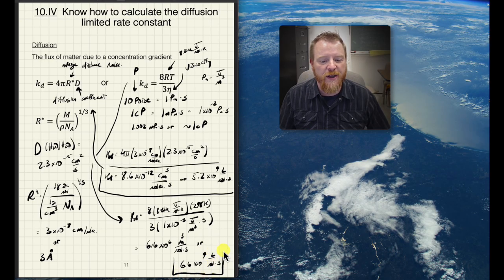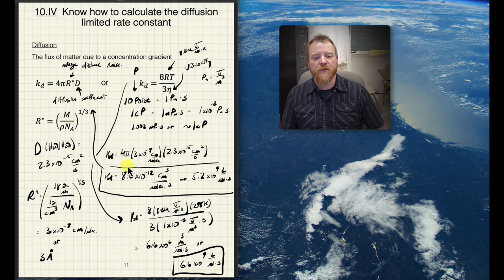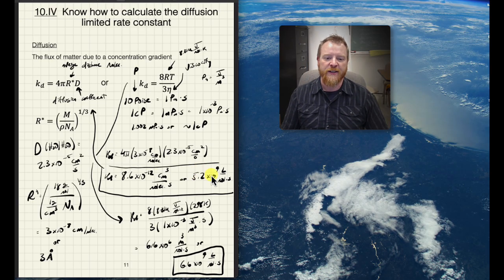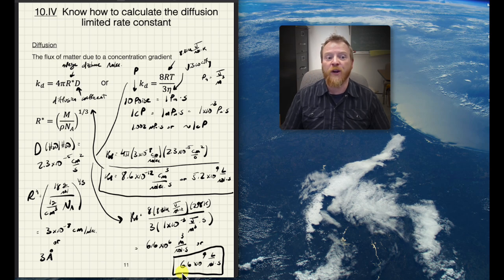So you can see we get just slightly different results, right? From using the diffusion coefficient and average separation of molecules, we get about 5.2, let's just call it 5 with 1 significant digit, times 10 to the 9th. But if we use the viscosity and with 1 significant digit, we get about 7 times 10 to the 9th. So the fact that those are both 10 to the 9th suggests that they're both in good agreement with each other.